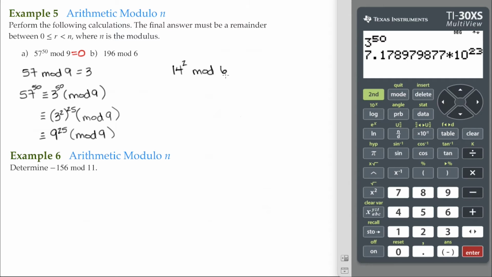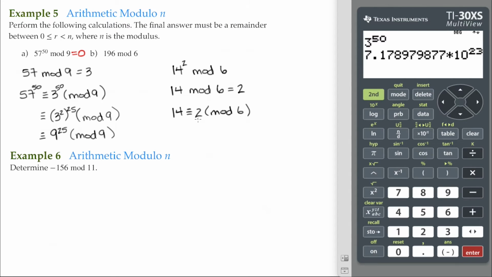So 14 squared mod 6, how about if we do 14 mod 6? 6 goes into 14 2 times with 2 left over. Then I can say that 14 is congruent to 2 mod 6.